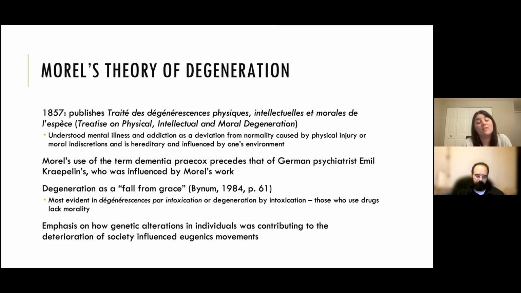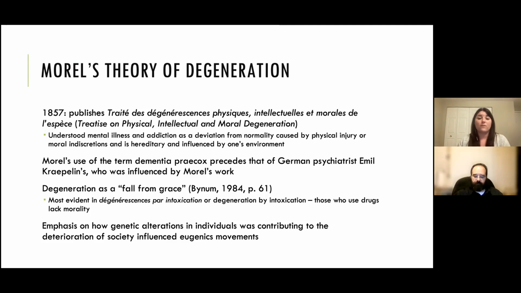We can really see this in his discussion of degeneration by intoxication, where basically he's saying that people who used alcohol or drugs are stupid, that they lack any sense of morality or ability to tell right from wrong. And like all forms of degeneration, Morel talked about degeneration by intoxication as something passed along the family line, which ultimately results in the destruction of the family line itself.